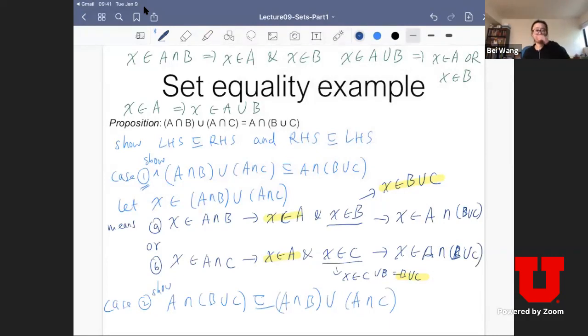All right. Okay, that is for case 1, and case 2 can be done similarly.